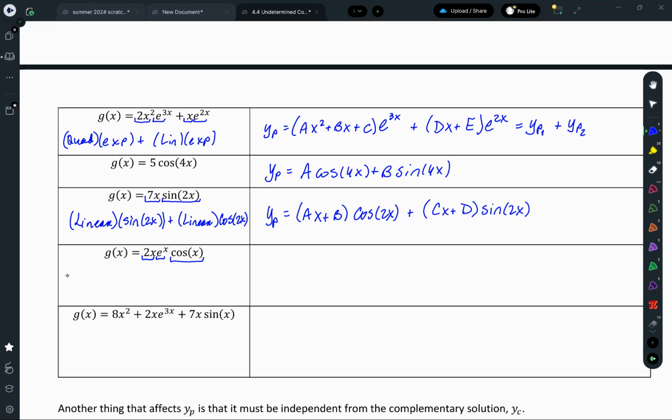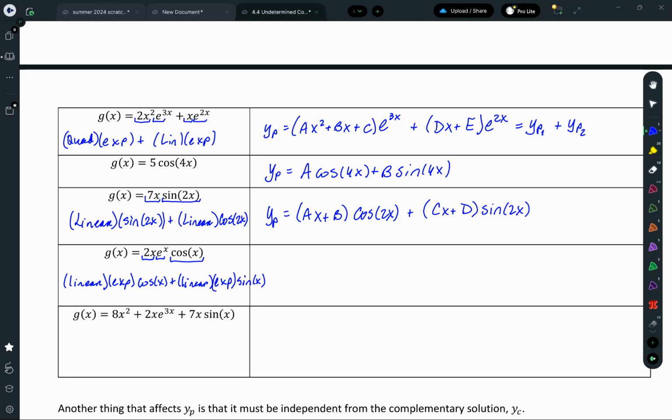And so I've got something like this, a linear times an exponential times a cosine of x plus a whole new linear times the exponential times sine of x.